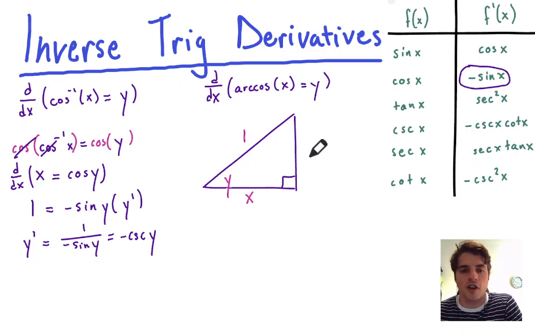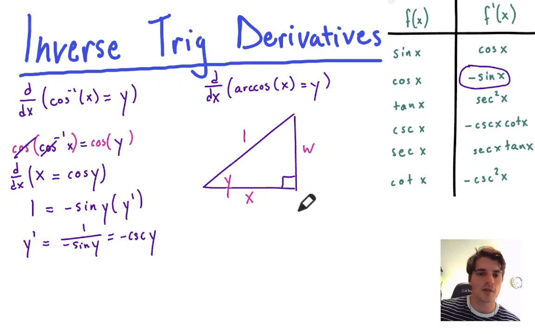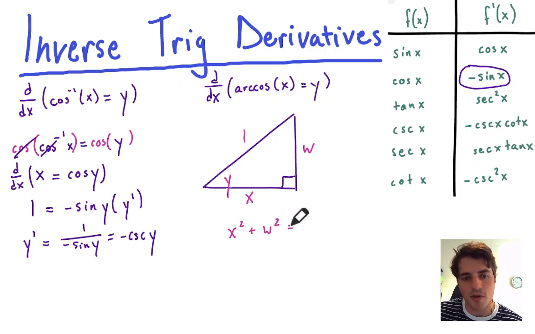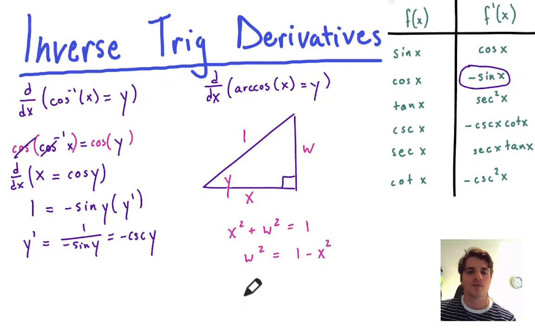And okay, we just need to find out what this opposite side is. So I'll use a w, O looks too much like a 0. So Pythagorean theorem, we have x squared plus w squared equals 1. 1 squared is 1. W squared equals 1 minus x squared.